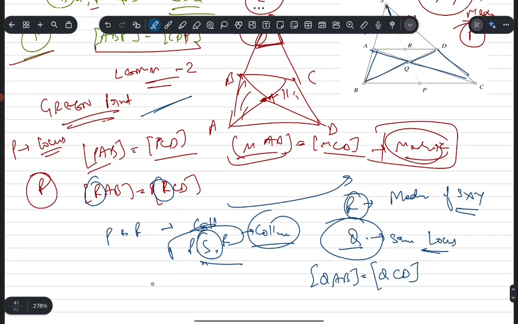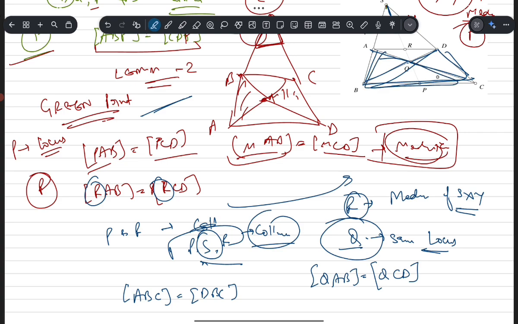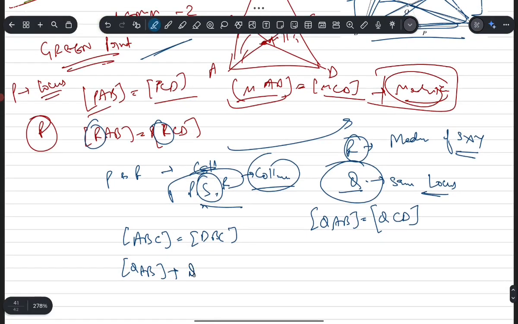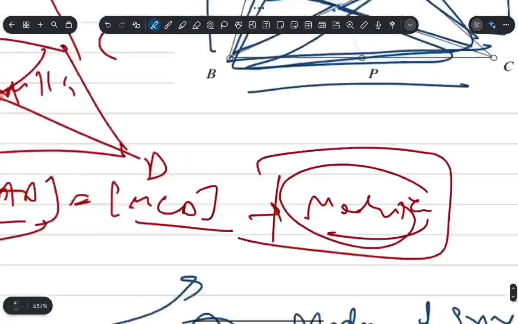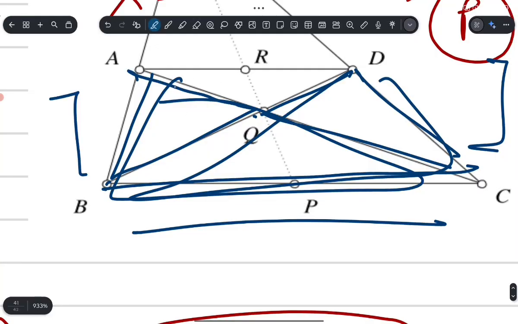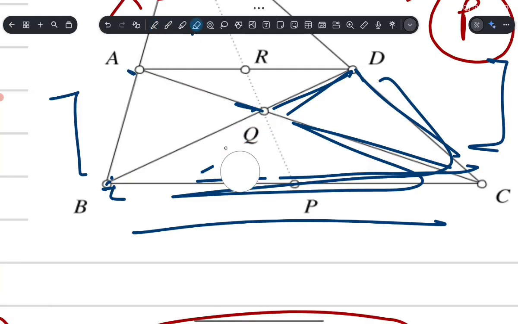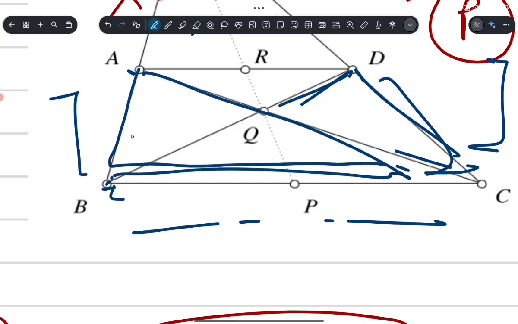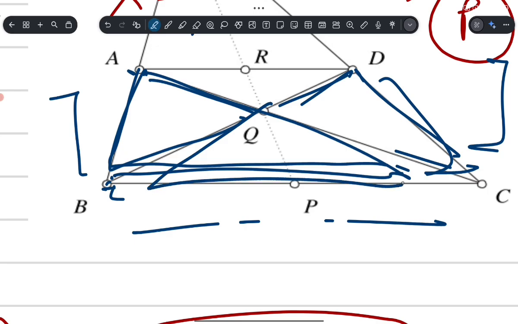If you see, area of ABC equals area of DBC. Why? These two triangles have the same base and lie between the same parallels, right? Can I write ABC, this whole thing, as ABQ plus QBC?